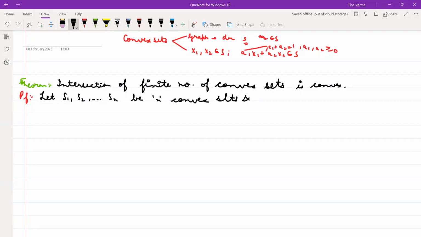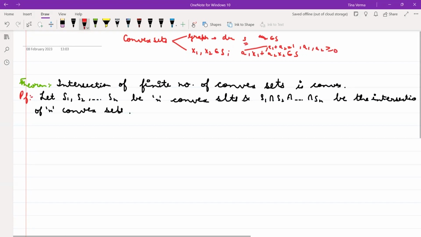Let S1 intersection S2 intersection ... intersection Sn be the intersection of these n convex sets. I'm denoting this intersection by the set S, so S is equal to S1 intersection S2 and so on. What we have to prove is that the set S is convex.